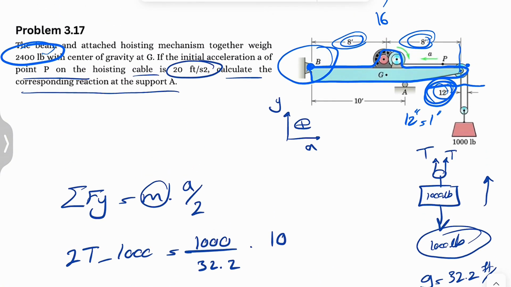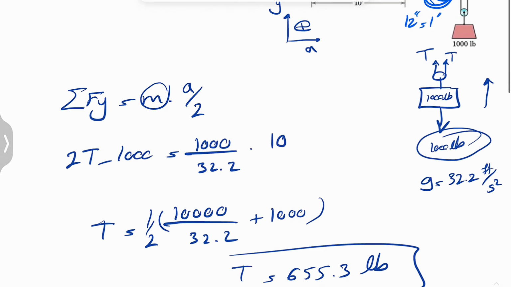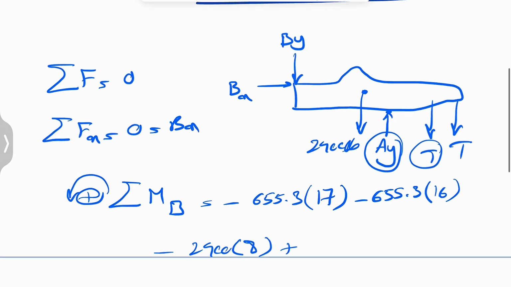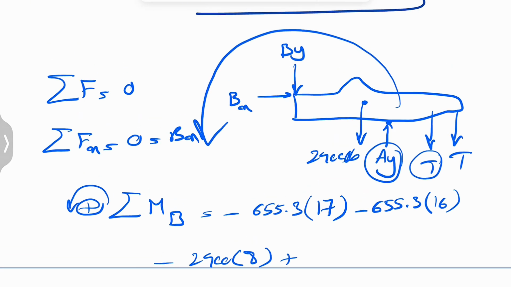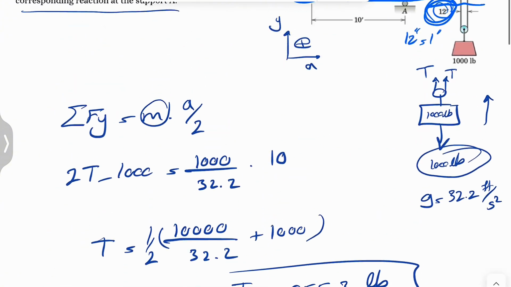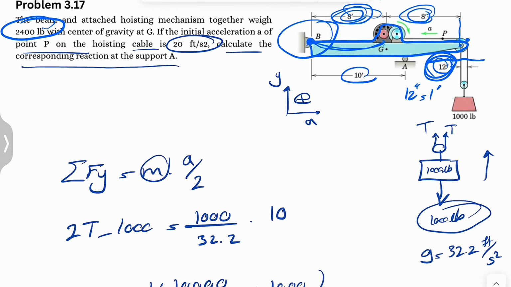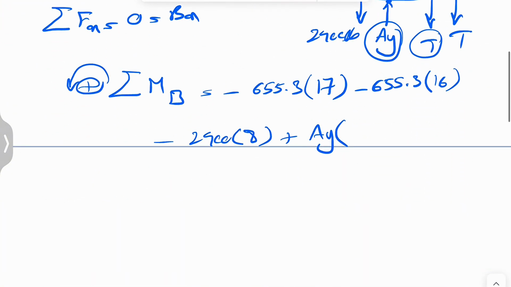And we need the distance from G to B, which is 8, so we have this distance. And the last one is going to be the moment of AY, which is the only counterclockwise moment, so this will be positive. And the distance would be the 10 feet. So this should give us the AY that we are looking for.